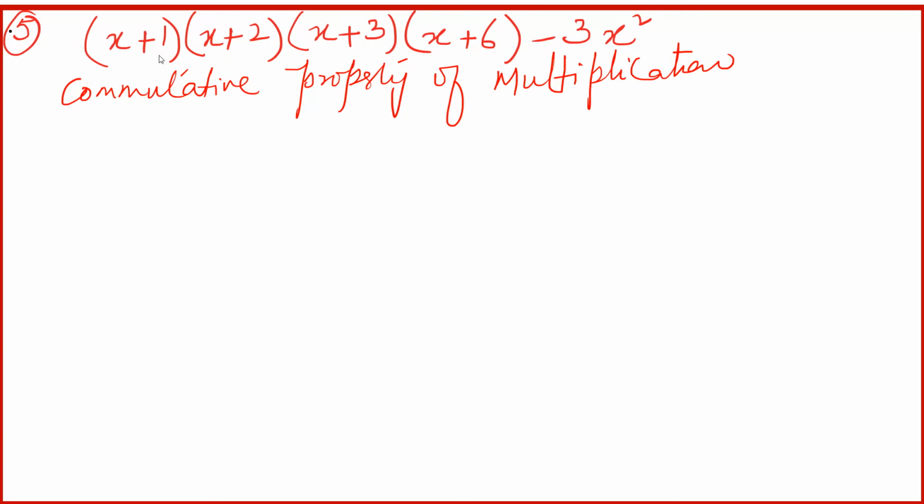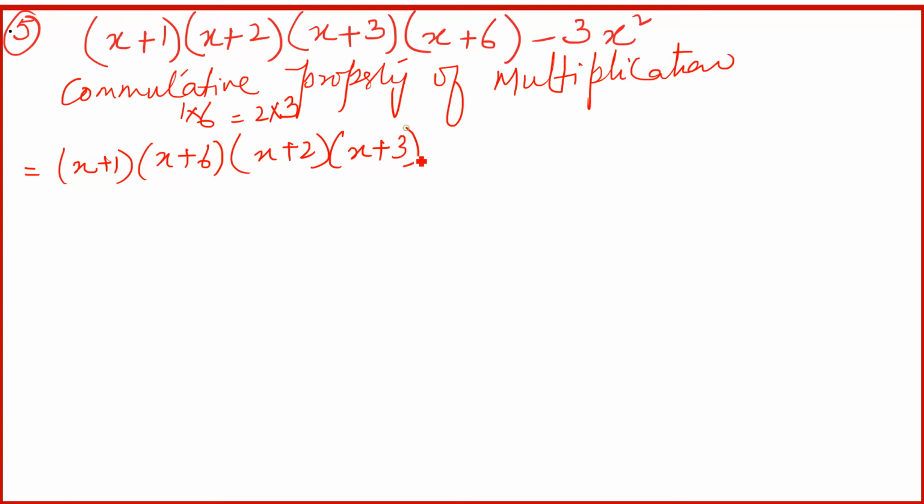If we multiply 1 with 6, so 1 times 6, and this and this, what is remaining? 2 times 3, which is 6, right? So it is equal. That is why we will use the multiplication property. Okay, so x + 1, we have to make a pair with x + 6, then multiply by (x + 2)(x + 3), and then − 3x².